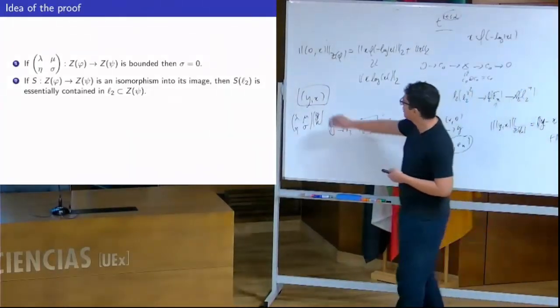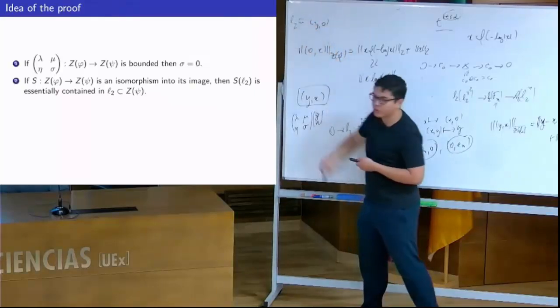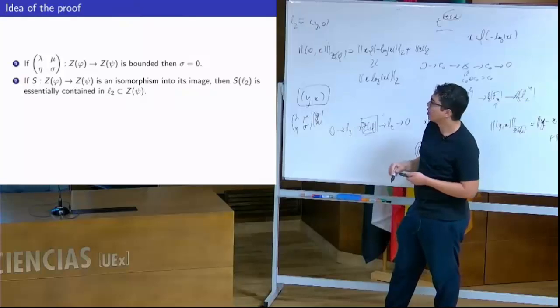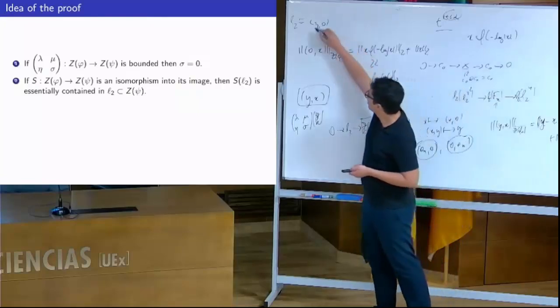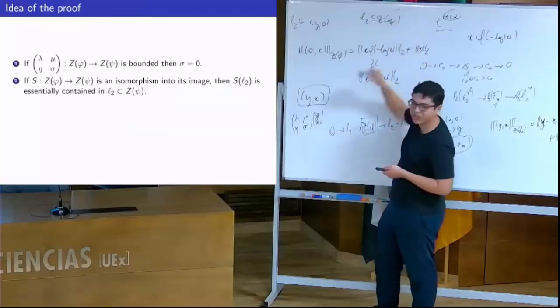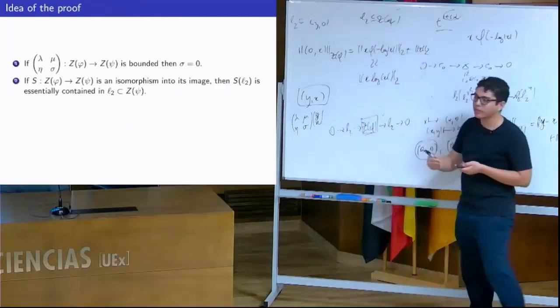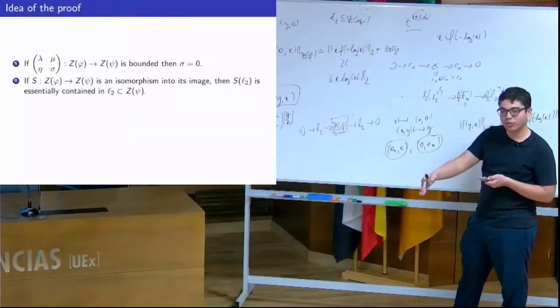So suppose that S is an isomorphism into its image. Remember that the first coordinate here defines a subspace isomorphic to L2. It follows that when you take S, the image must be essentially contained in the L2 of the second space, which is the first coordinate as well. By essentially contained, I mean that the second coordinate of the image must go to 0 along the basis.